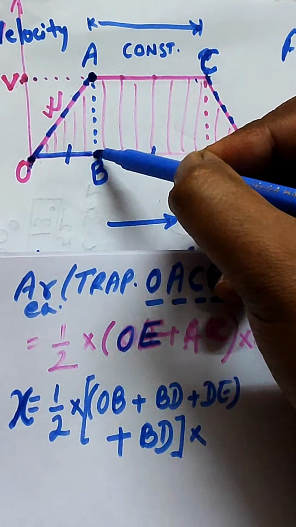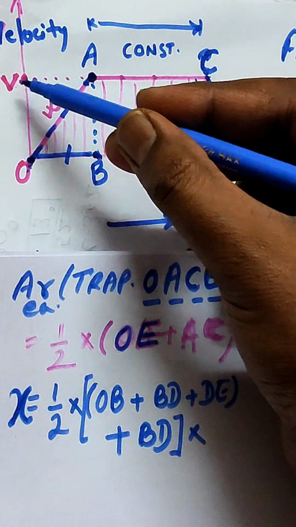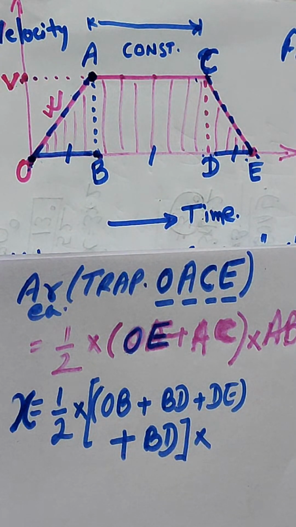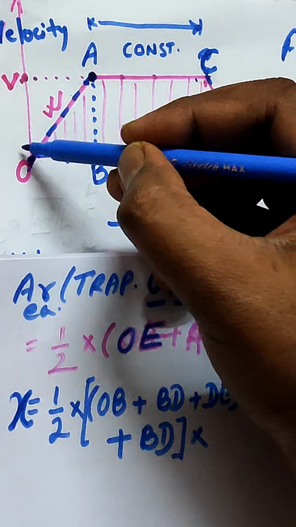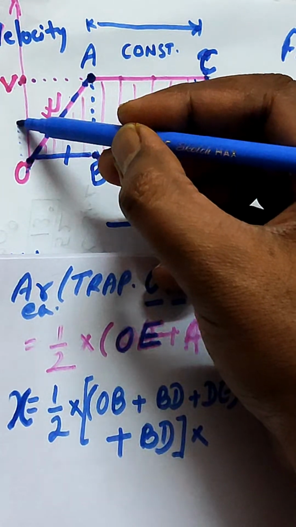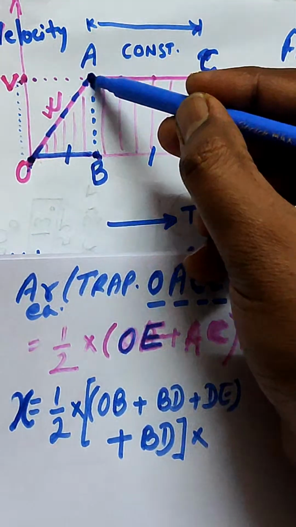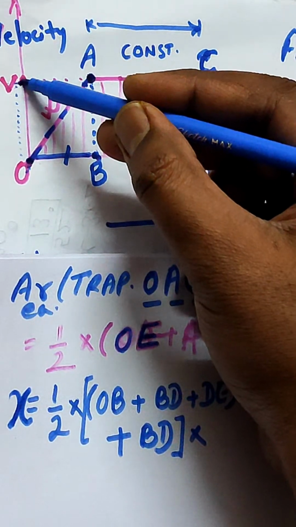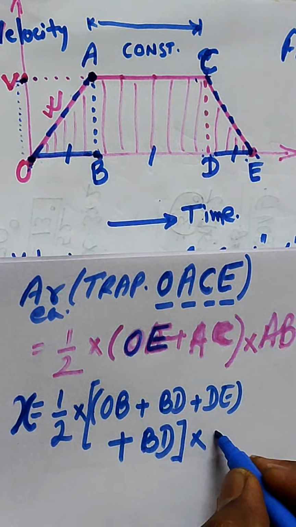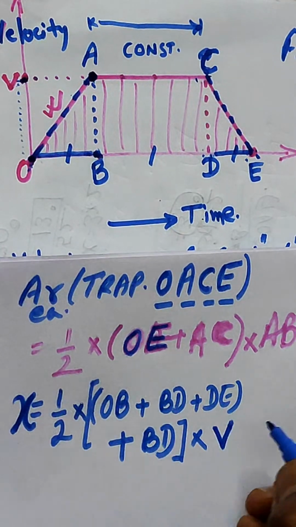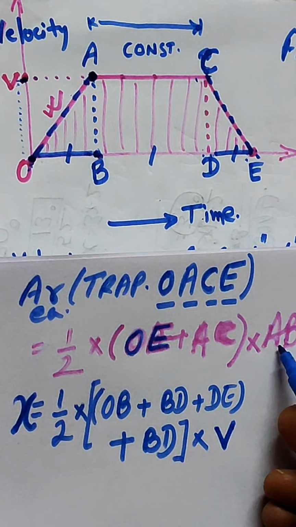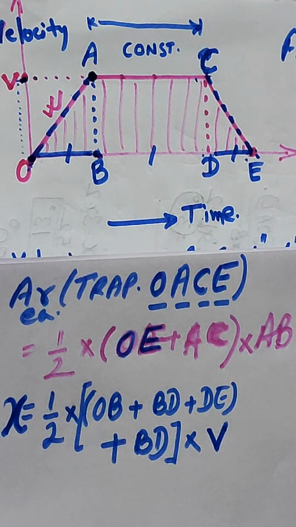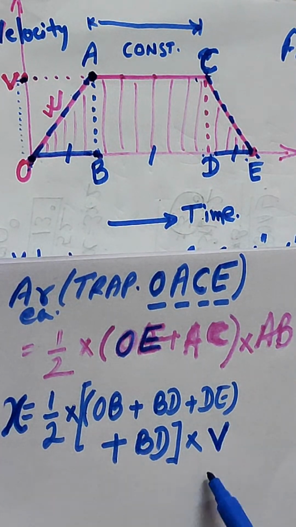What is the value of AB? It's equal to V, isn't it? This is AB. From B to reach A, what is the value printed on the y-axis? It's V. So just put up the value of V in place of AB.